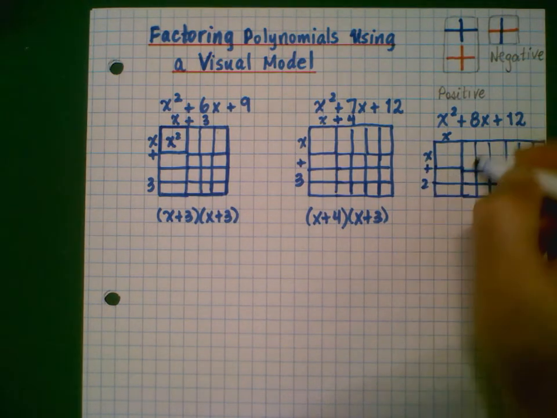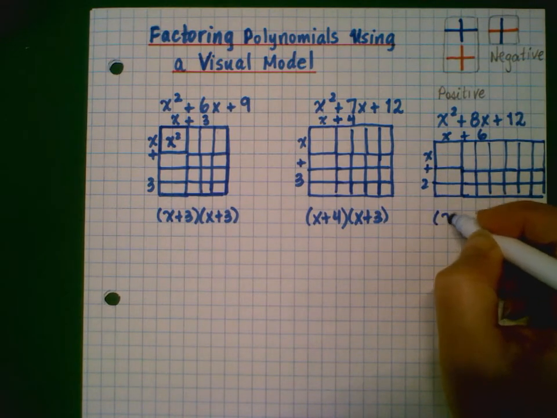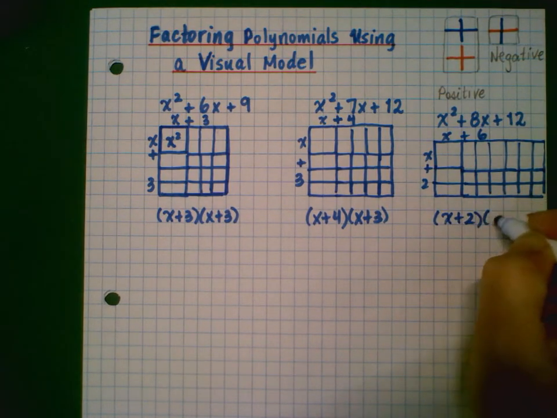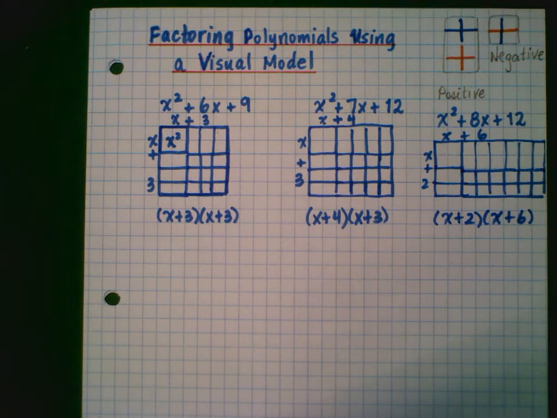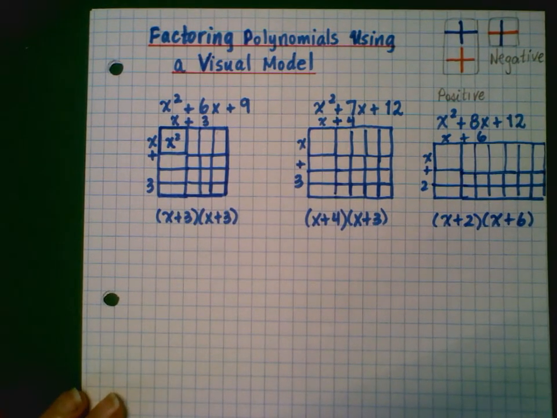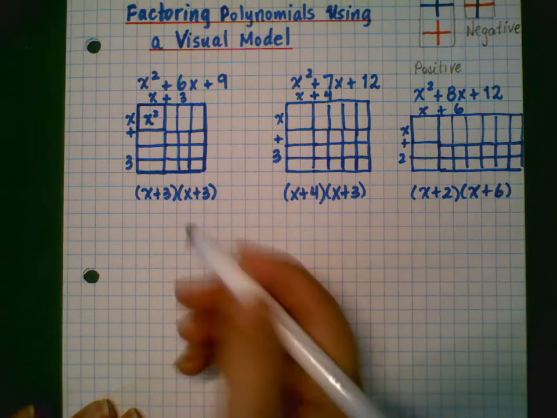That's plus 2 plus 6. So my factored form is x plus 2, x plus 6. Okay, let's look at another one.